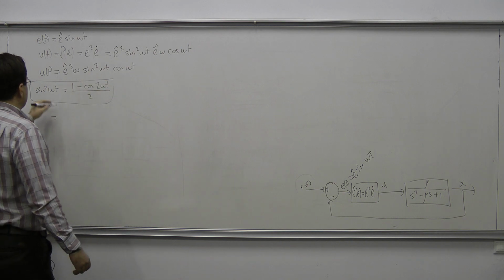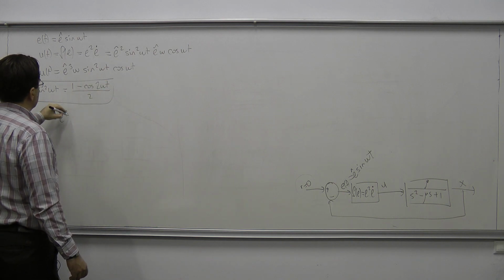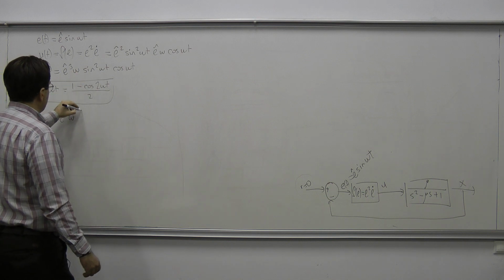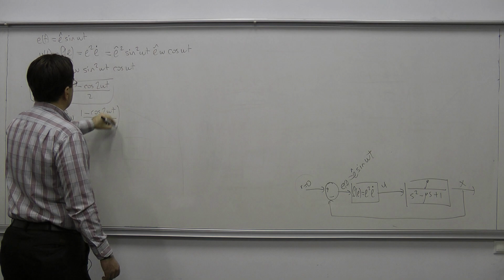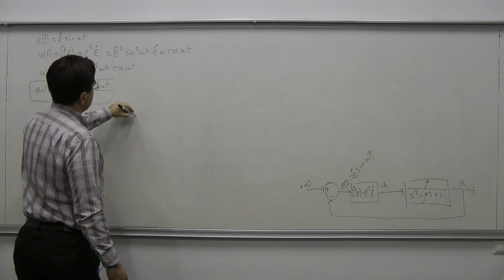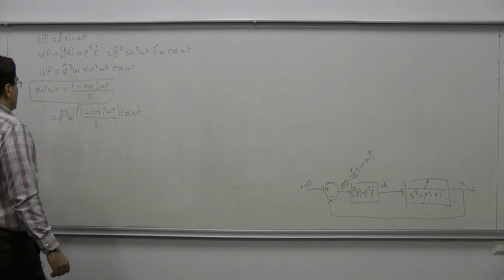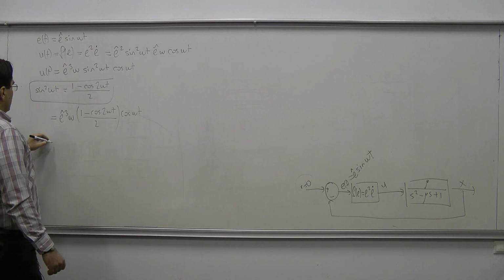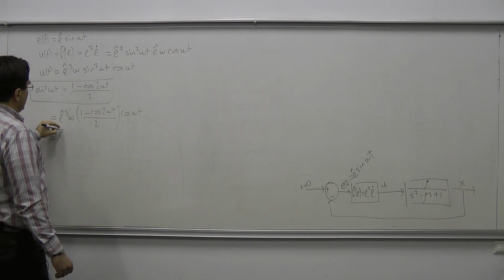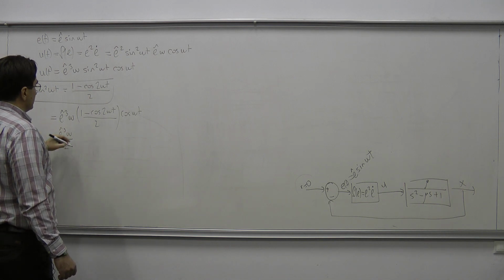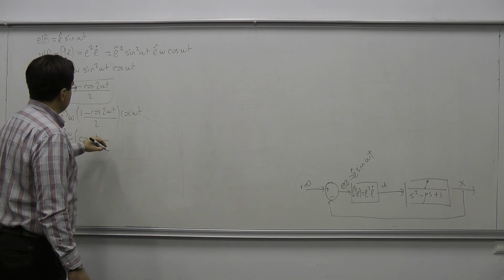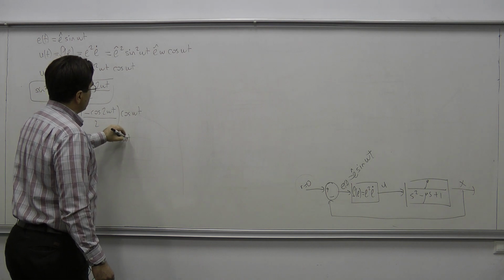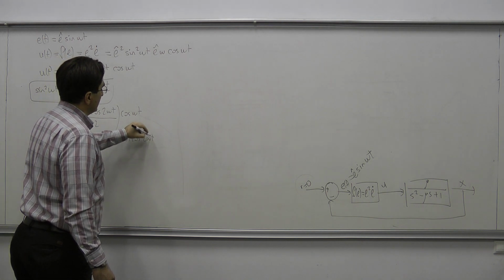That is going to give me E hat cube omega, and I would have 1 minus cosine 2 omega t divided by 2, and I have cosine omega t still. I can take 2 outside, E hat cube omega over 2, and I would have cosine omega t minus cosine omega t cosine 2 omega t.